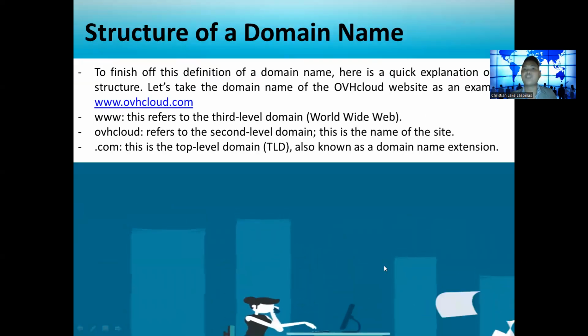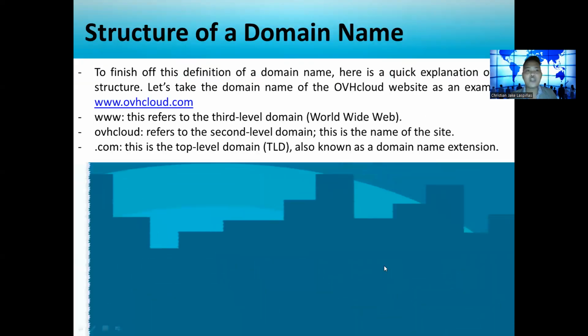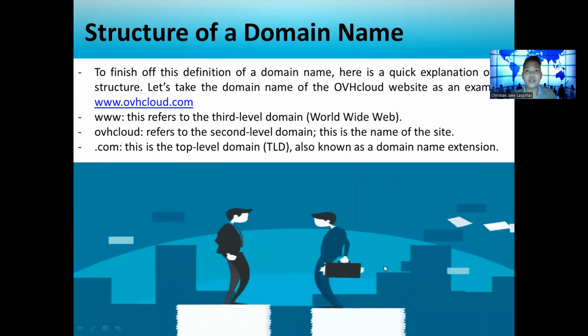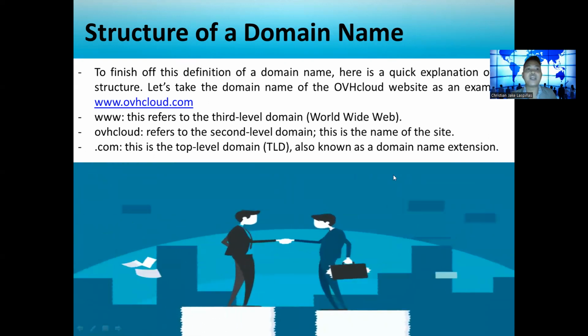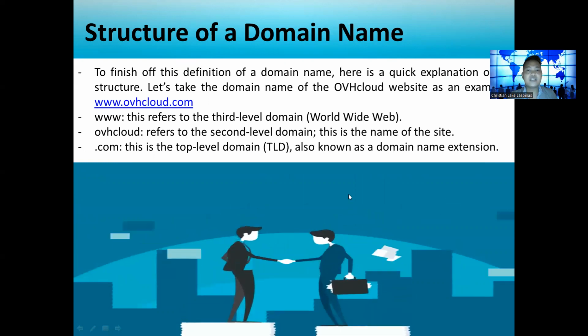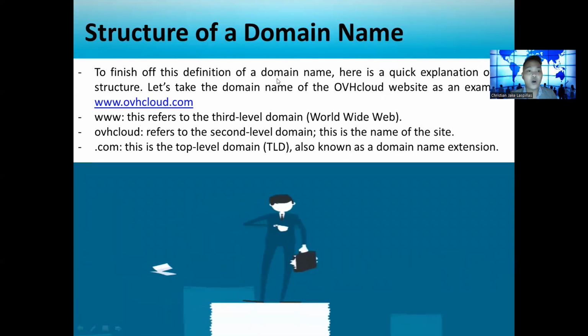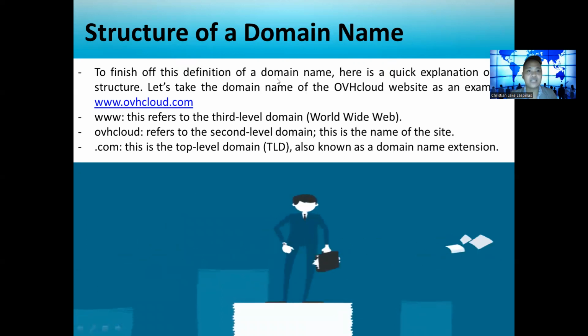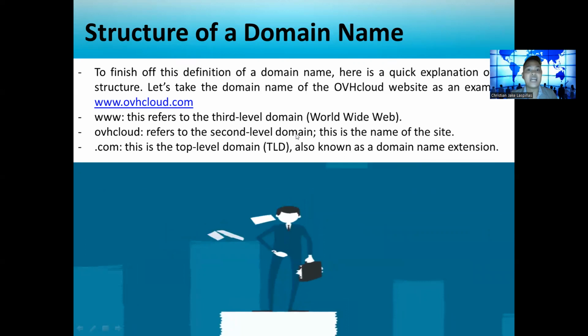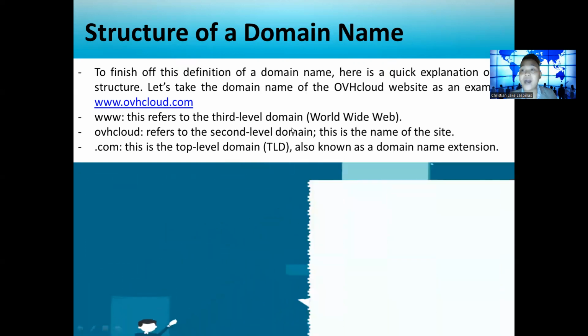Now, what is the structure of a domain name? To finish off this definition of domain name, here is a quick explanation of a structure. Let's take the domain name of the OVH Cloud website as an example. www.ovhcloud.com, the www dot refers to a third level domain, or the World Wide Web.